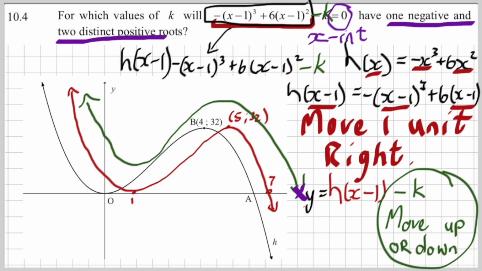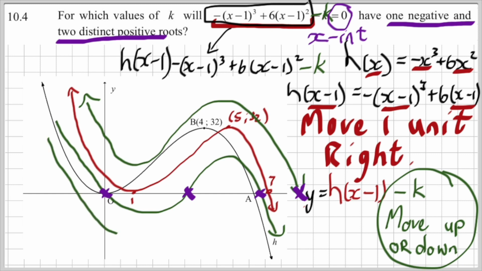Or I could move it down so that I've got my y-intercept to be at 0, 0. Then I have 1 x-intercept that is 0, and I've got 2 x-intercepts that are positive. I don't want that because I want 1 negative.